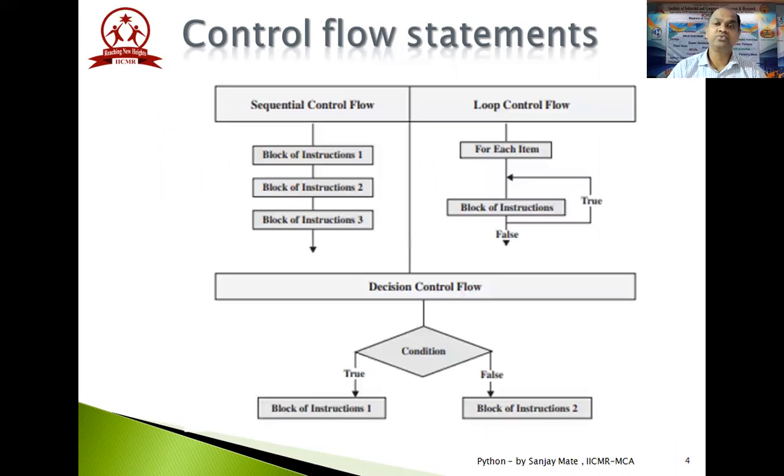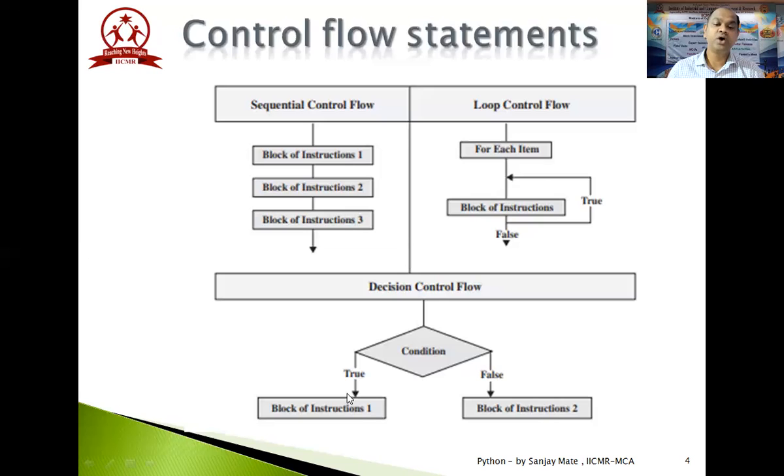So here I have shown that with the diagram. The first one is sequential flow control. In this, you are executing block 1, then block 2, block 3. Likewise, it will be executed from start to end. In the decision control, this is actually used in the if condition. Whenever you are taking any decision, if that decision is true, you will execute the particular left side block, and if your decision is false, you will execute this right side block.